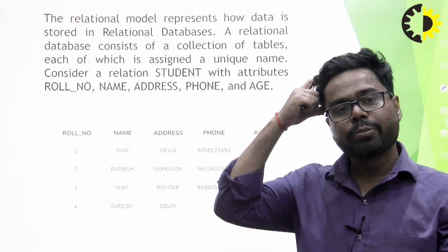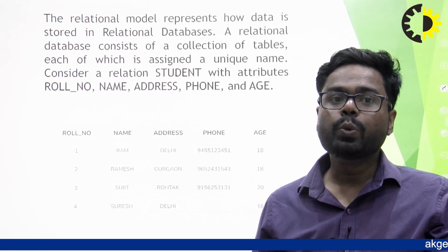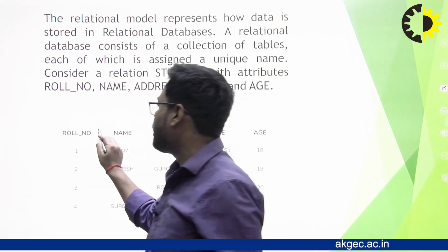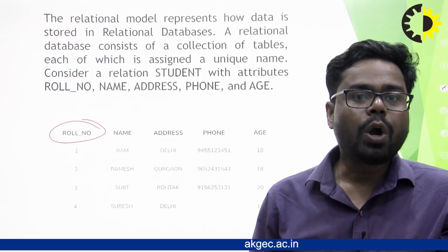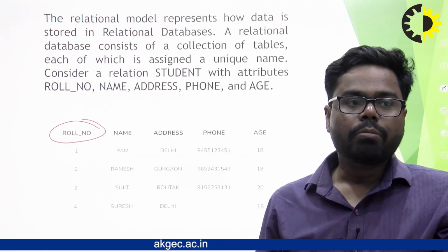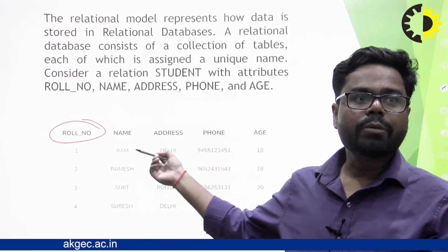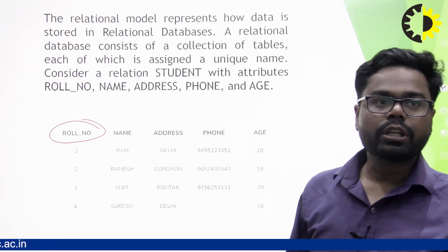For this, the roll number is a unique key for all the students, because the first name is common and most of the second names are also common. This is an example of how the relational model shows how to store data in relational databases.